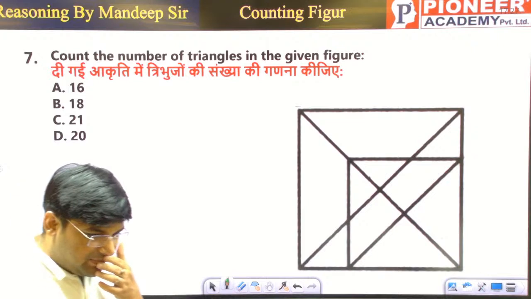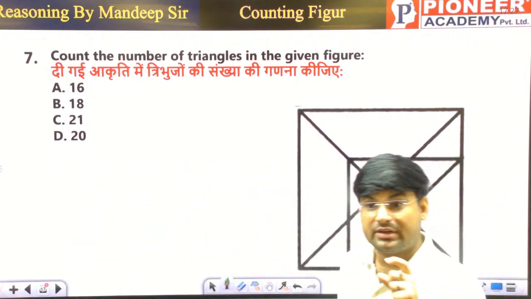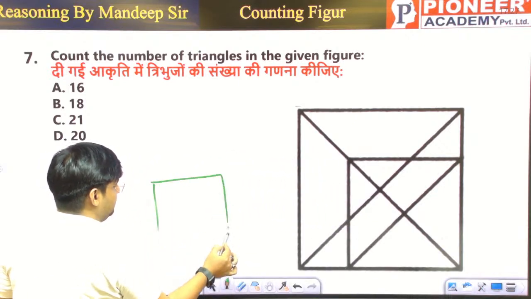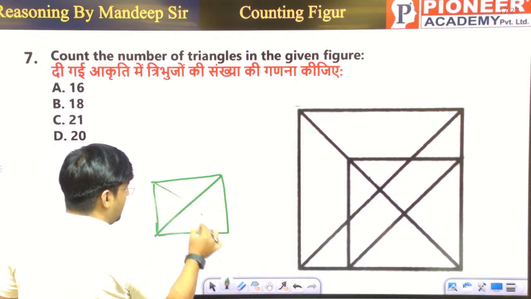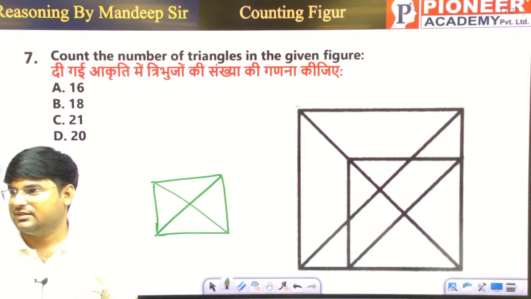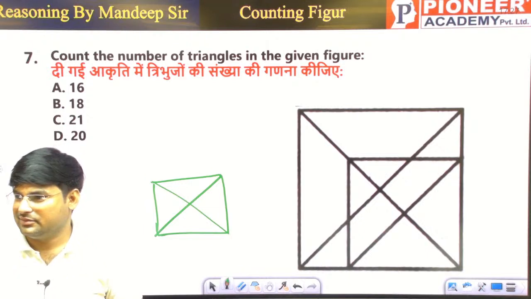If you all remember, we have discussed a concept about triangle counting. How many triangles in this figure? You all are Ghajini. Even Ghajini is better than you.